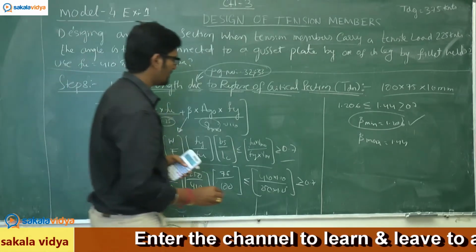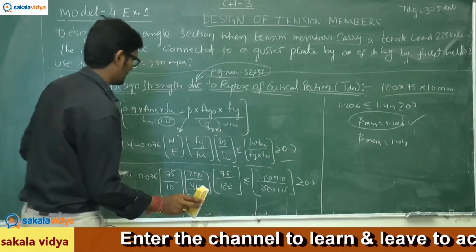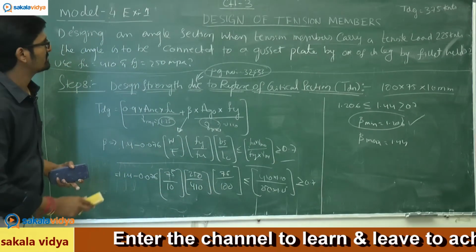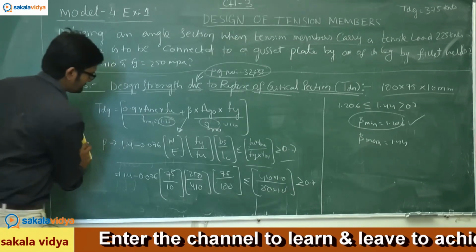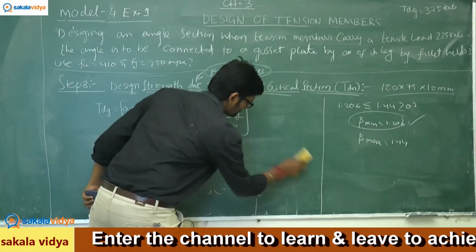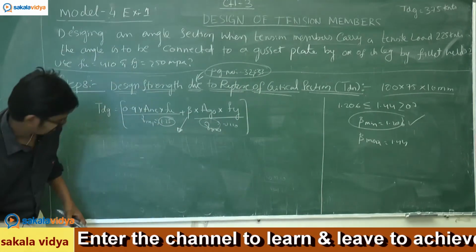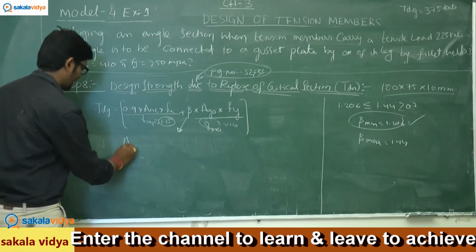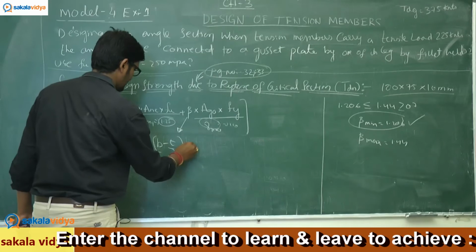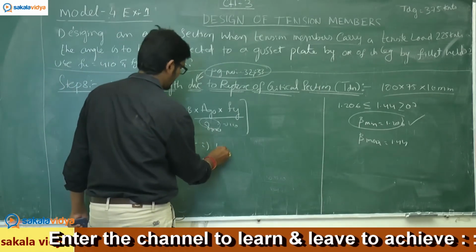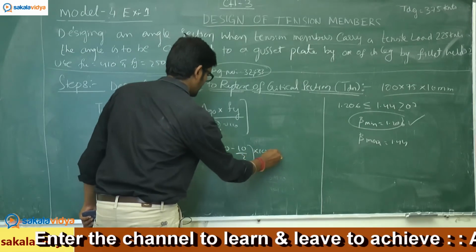So what is ANC? Let me solve here. ANC is nothing but the area of connected leg. ANC is equal to (B minus T by 2) into T, that is 100 minus 10 divided by 2 times thickness of the plate, that is 10. That is the area of connected leg.